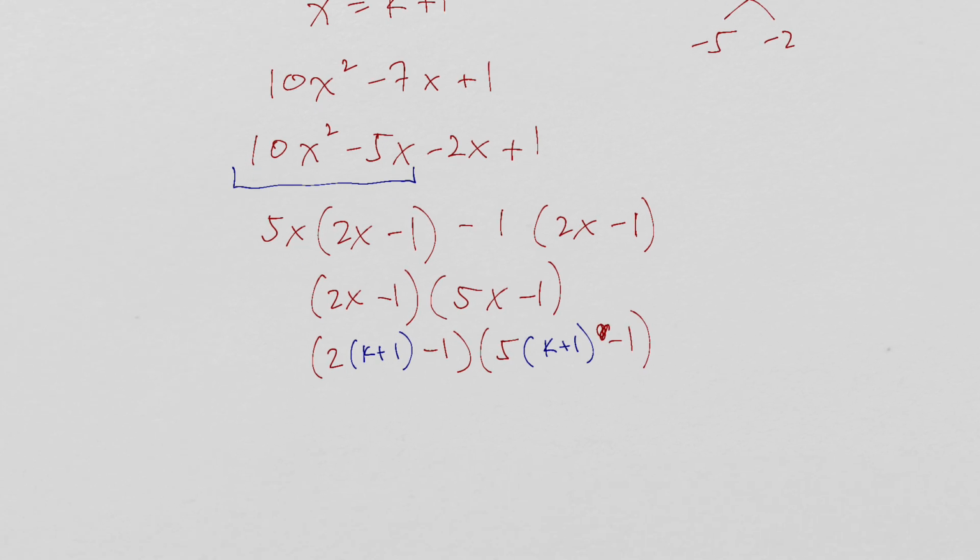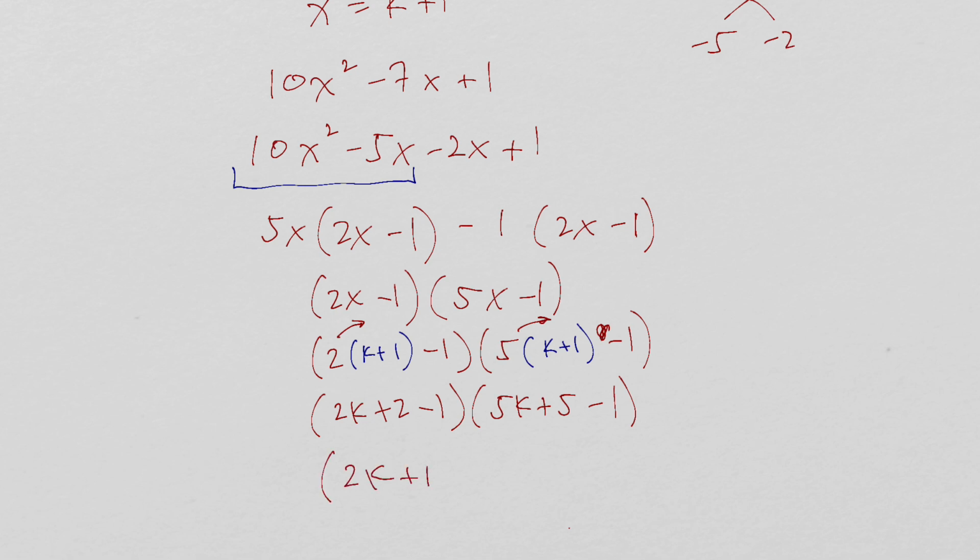This will distribute, and I'll get 2k plus 2 minus 1. This will distribute, and I'll get 5k plus 5 minus 1. Finally, simplifying, we'll get 2k plus 1, and we'll get 5k plus 4. And that's it.